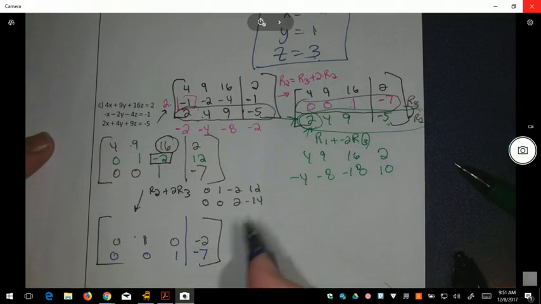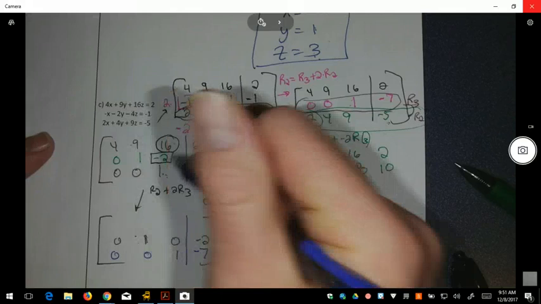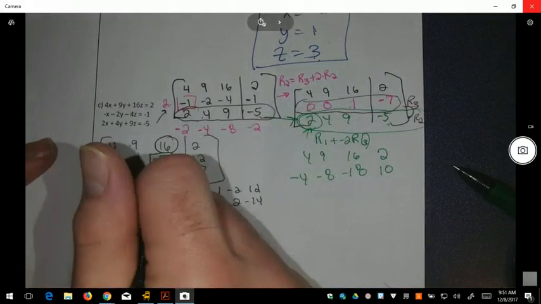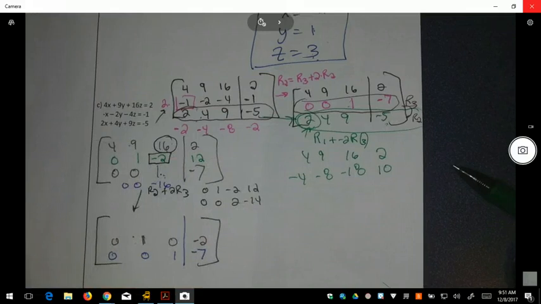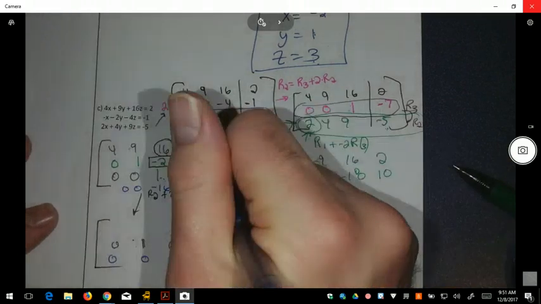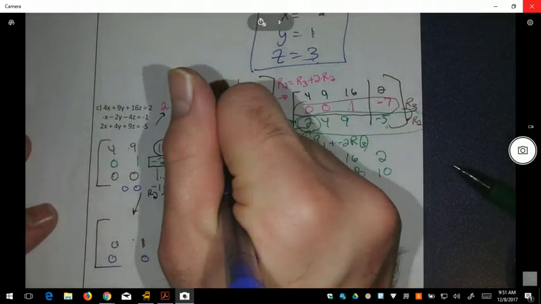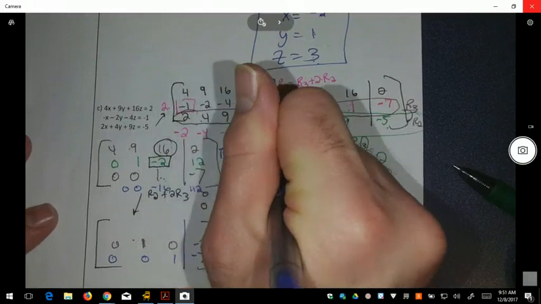Up top, to get that to be a 0, I'd have to multiply this row 3 by -16. So it'd become 0, 0, -16, yikes. Negative is positive, 16 times 7 is 112. So that right there, to replace row 1, is going to be row 1 plus -16 times row 3.